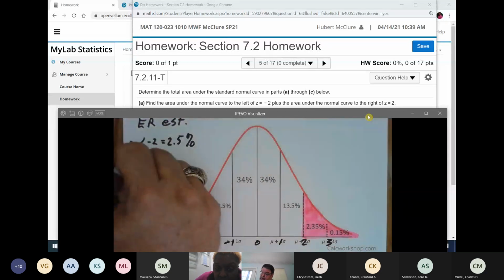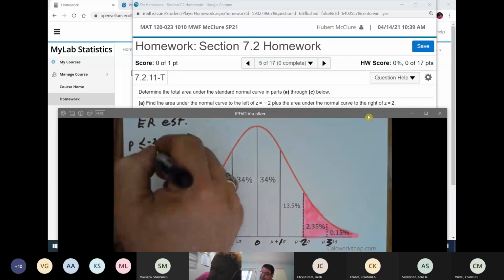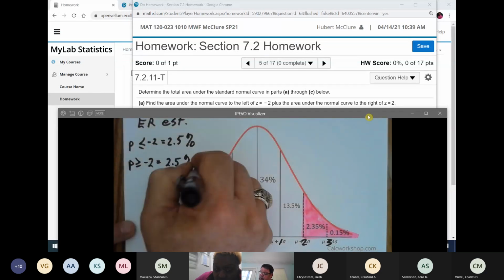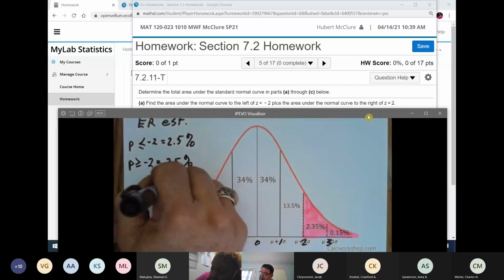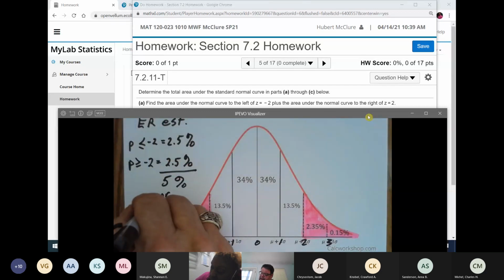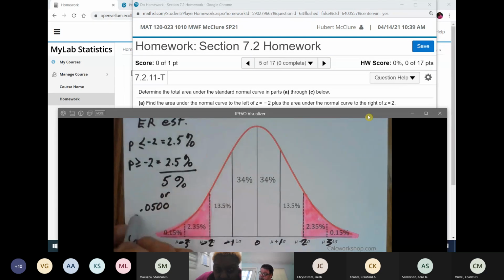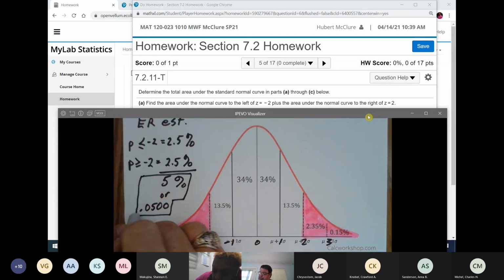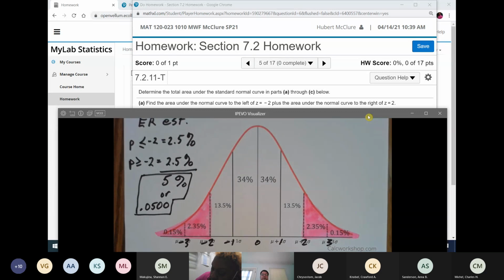And then above -2 is 2.5%. So that's 5% or 0.0500. Now that is an estimate using the empirical rule.